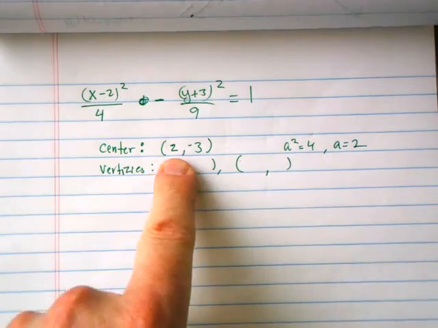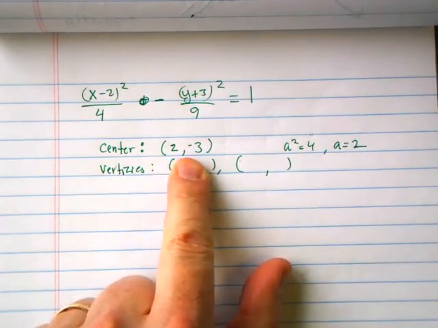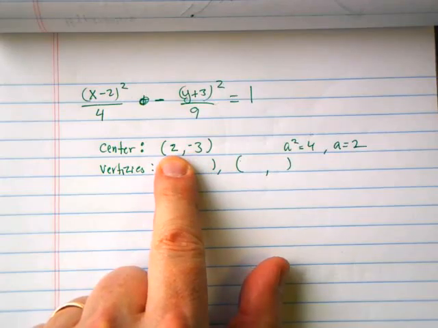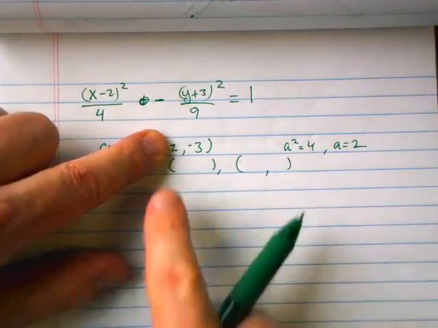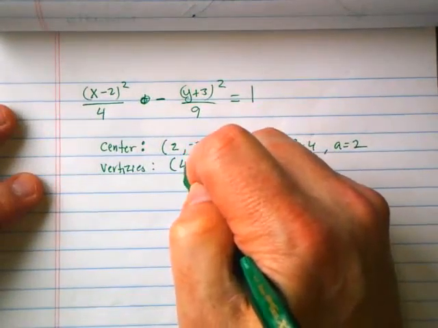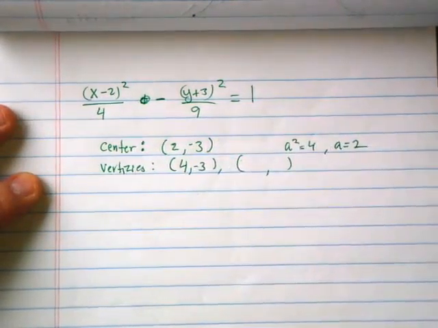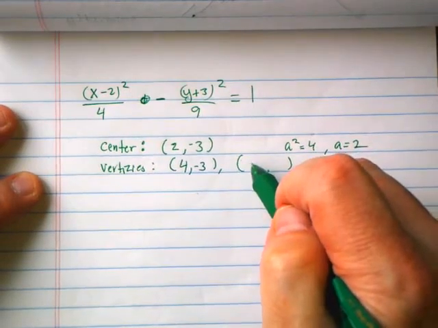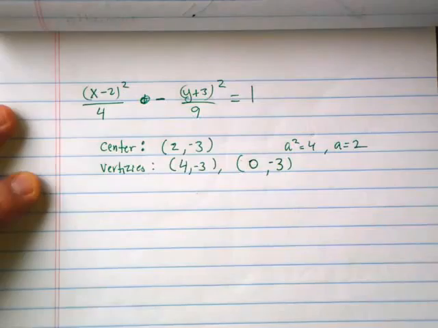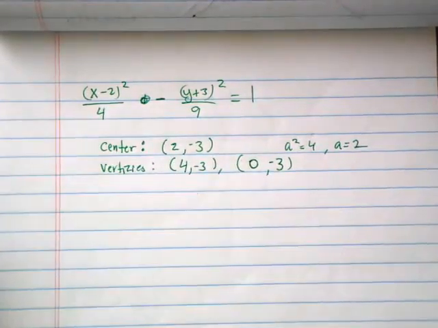So I start at my center. How do I start at my center and go left and right? I add to the x value and I subtract from the x value. So one of my vertices, if I start at 2 and I go 2 to the right, I'm going to be at 4. So one of them is 4, comma, negative 3. And the other one is 0, comma, negative 3. I start at 2 and I subtract 2.